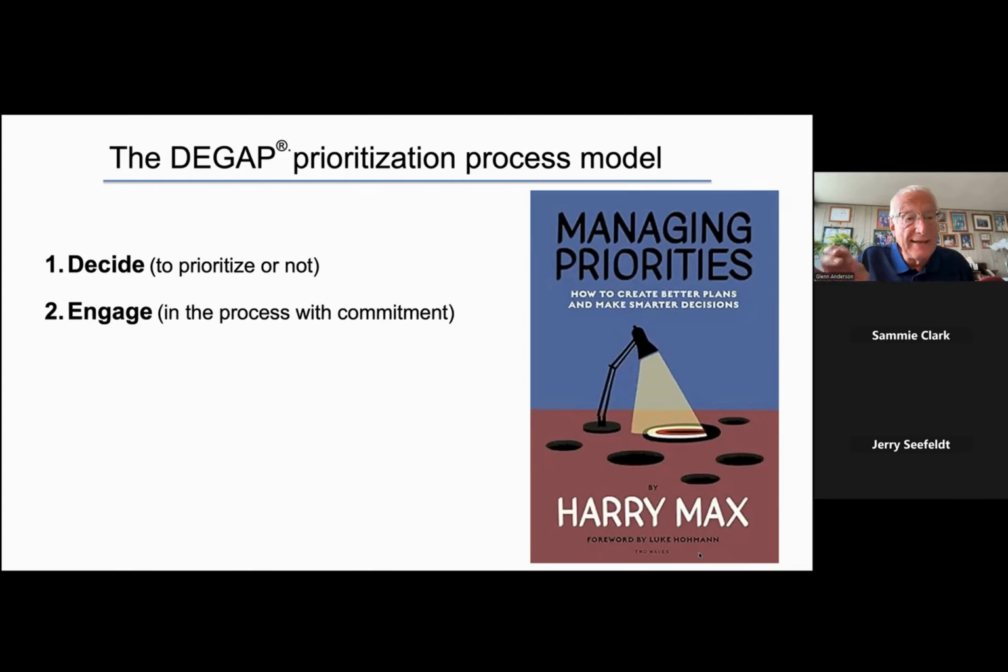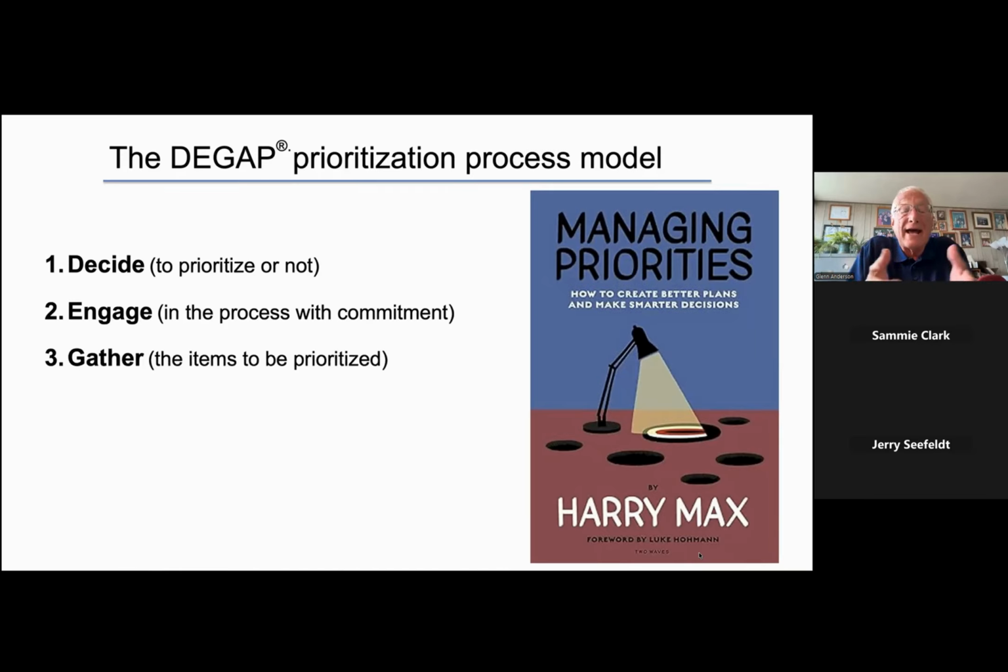So if you decide yes, then the second step, the E, is engage. I'm engaging in this process. I'm committing to this process. I'm identifying the stakeholders in my organization that will help me identify the items that need to be prioritized and where the information is going to come from about those items.